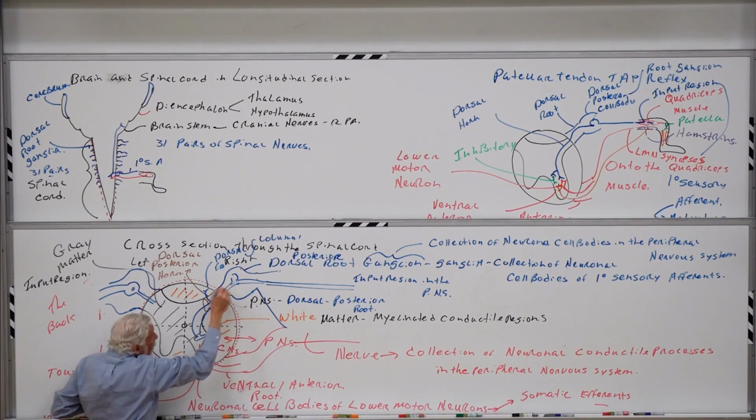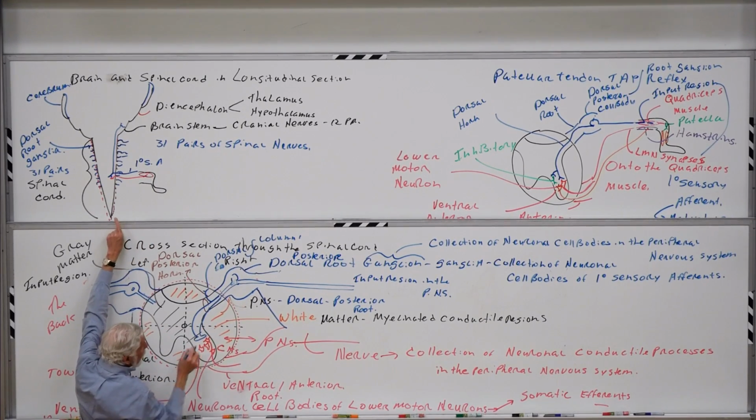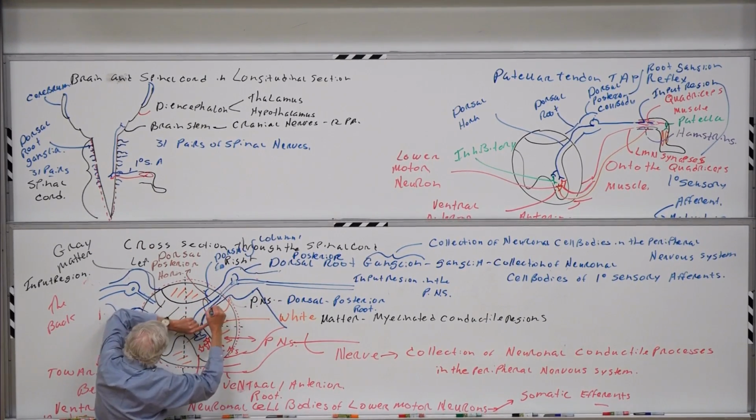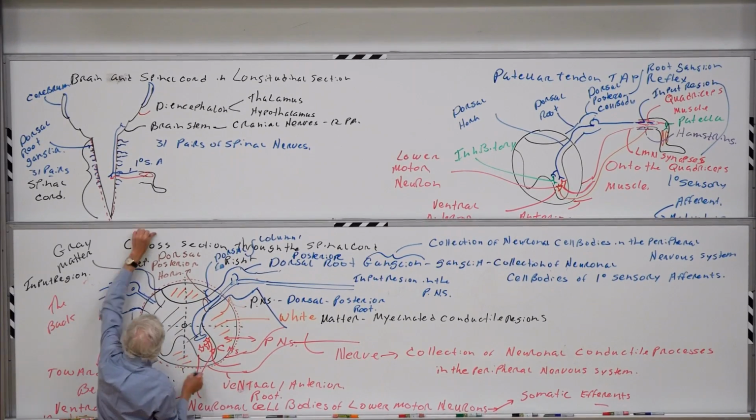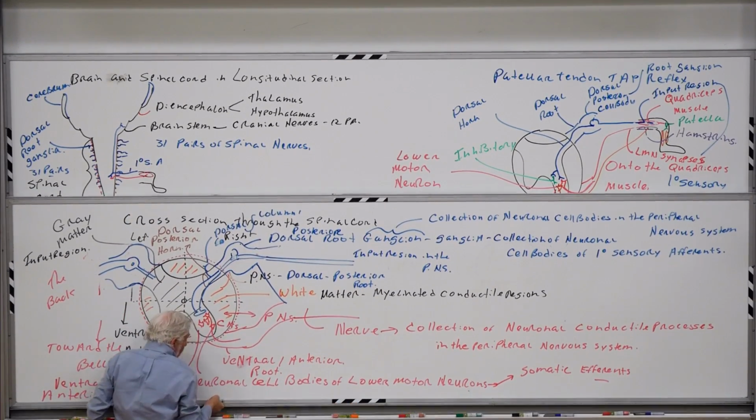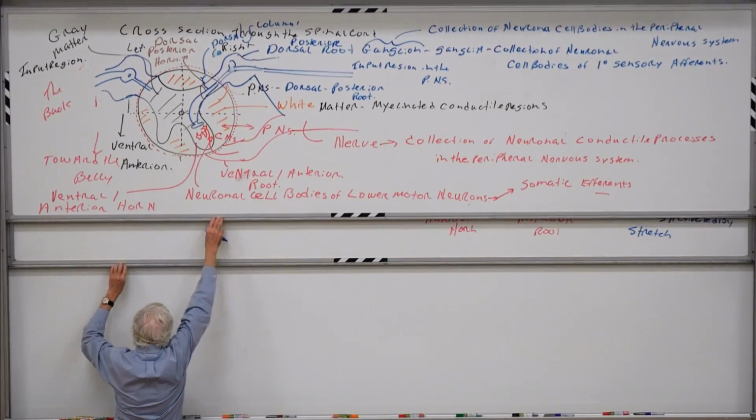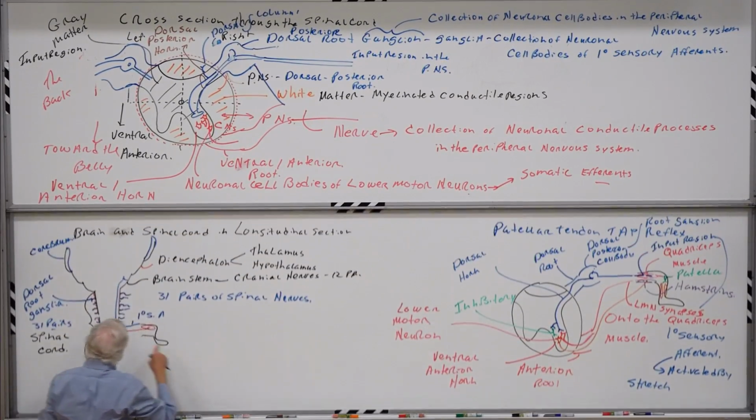So this neuron, which we show in the longitudinal section, now comes into the cord, sends a branch, and enters the dorsal columns.